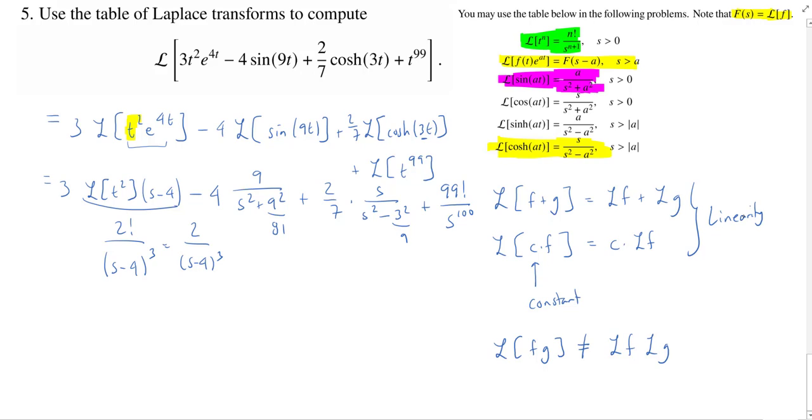You also need to be able to recognize situations like this, where this is of course using the first shifting theorem, where I have some function times an exponential, and then recognize my t squared is the function, and this f means take the Laplace transform of just that function, and then this of s minus a means replace my s with s minus a. So you do have to do that little recognition of what this variable corresponds to from the formula, or in the table, into what we're actually given.